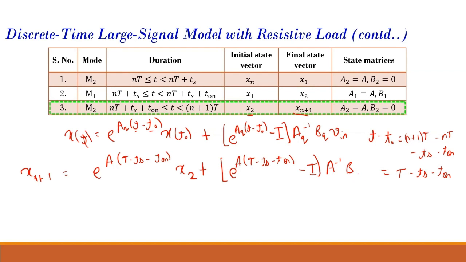Here again v2 is equal to 0. So that will give me x of n plus 1 is equal to e raised to A (t minus ts minus t_on) into x2 plus 0.